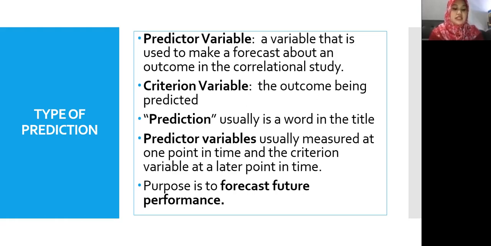And the researchers typically measure the predictor variable at one point in time and the criterion variable at a later point in time, and the author forecasts future performance. So it means they usually state this intent in the purpose statement or in the research questions. In the justification of the research problem, the writer also mentions their intent to predict some outcome.